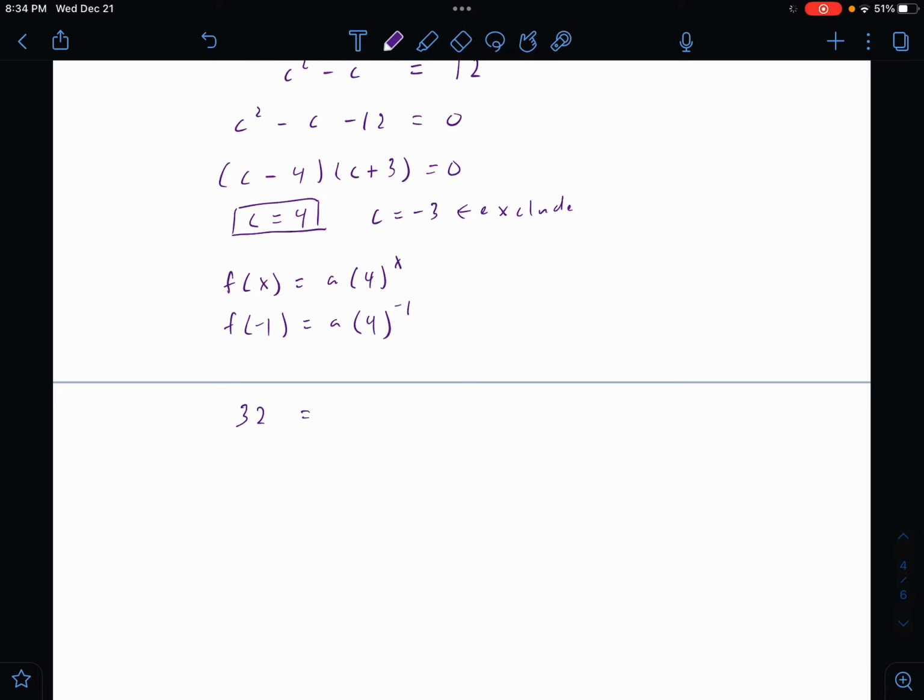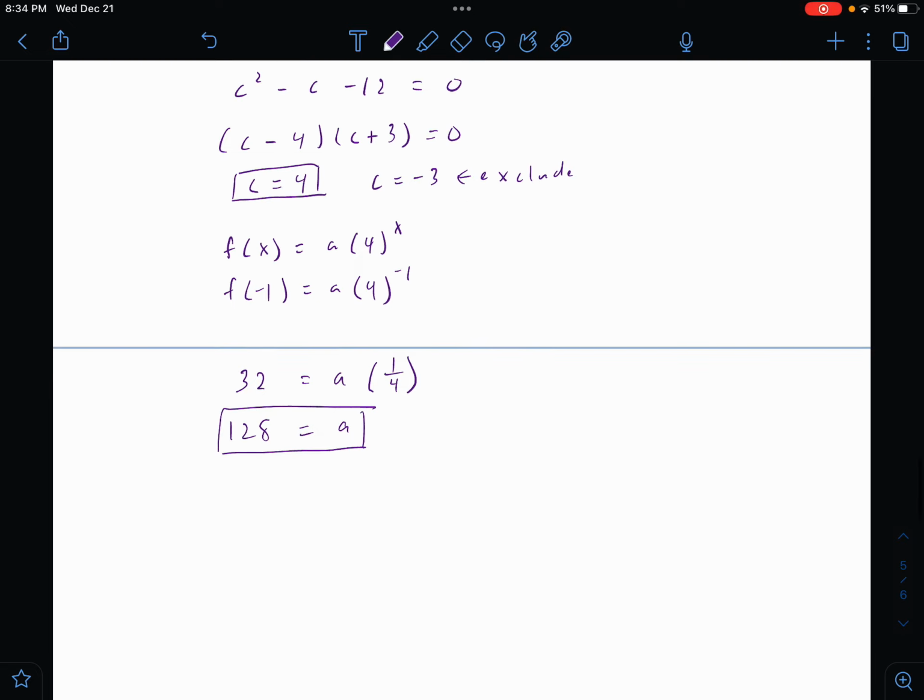So 32 is equal to a times 1 over 4. If I multiply both sides by 4, I get 32 times 4, which is 128. So 128 is equal to a. Okay, so that's important to know.